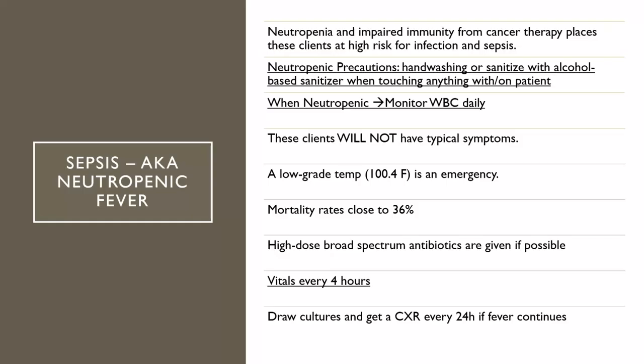Neutropenic precautions. Hand washing or sanitize with alcohol-based sanitizer when touching anything with or on the patient. You're going to monitor the white blood cell count daily. These clients are not going to have typical symptoms that look like sepsis. They could have a low-grade temperature.